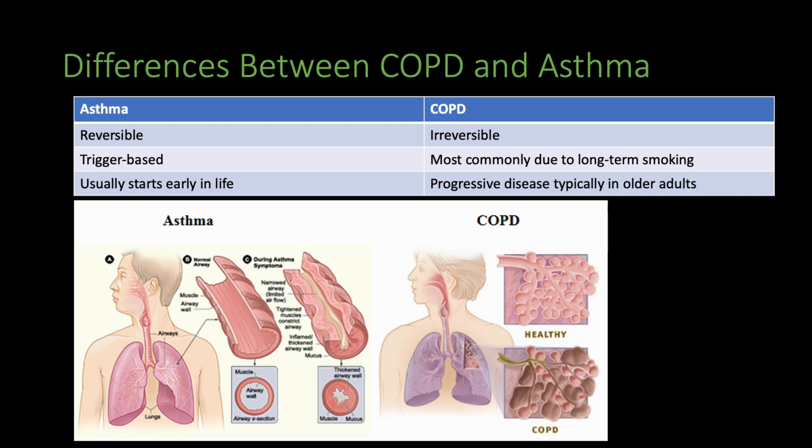Asthma is typically a reversible disease. You can see here in the diagram on the left how, in a normal airway, there's nothing really preventing the air from moving from one part of the lungs to another, where you're breathing out and in.